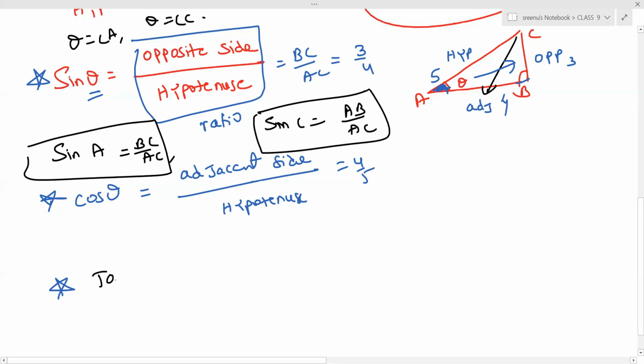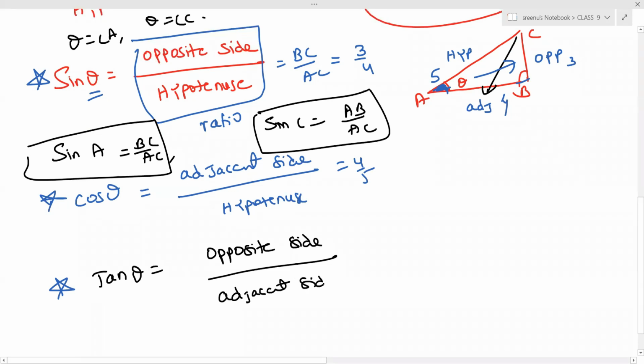And the third one, tan theta, is the ratio of the opposite side and adjacent side. Opposite and adjacent, that is 3 by 4. So we can define tan theta in another way also.